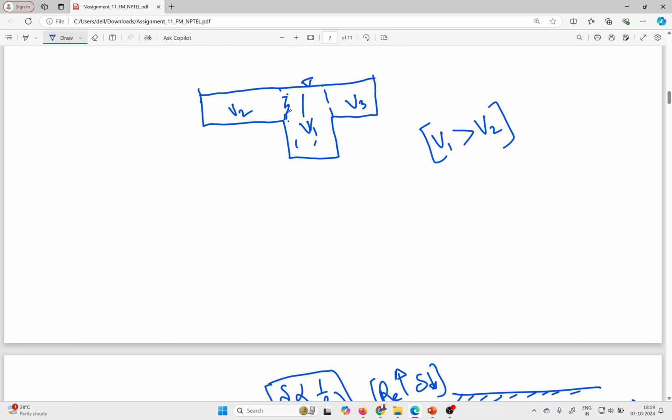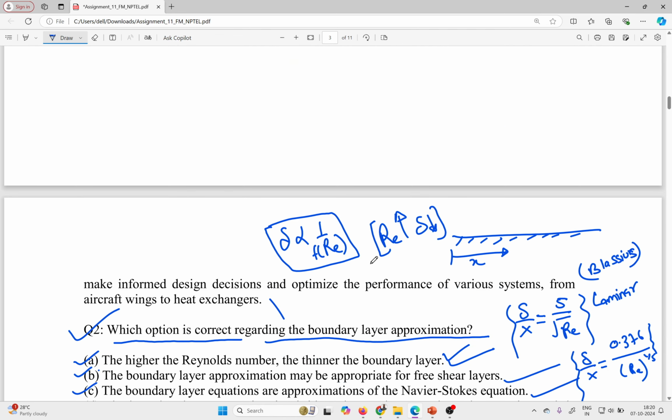At that location, the low velocity zone and high velocity zone will interact, and this zone is known as the shear layer zone. So here one zone will be formed, which represents the separation of high and low velocity. So here is the boundary layer approximation.